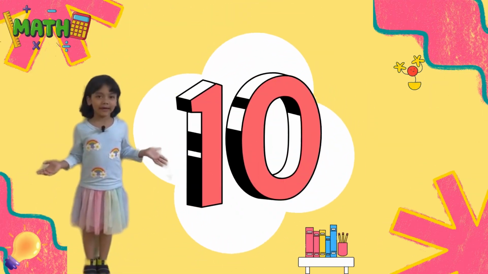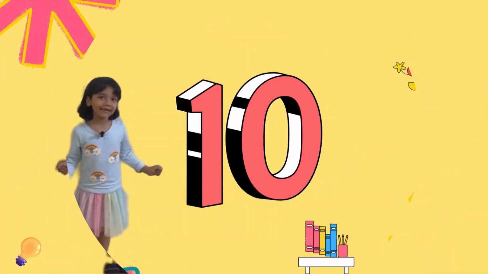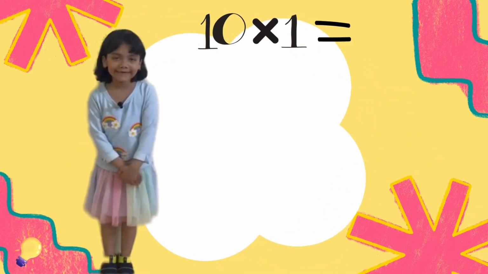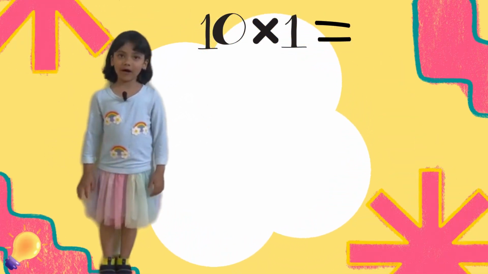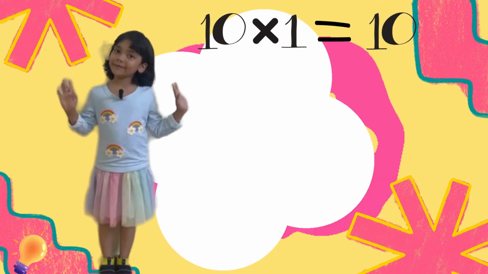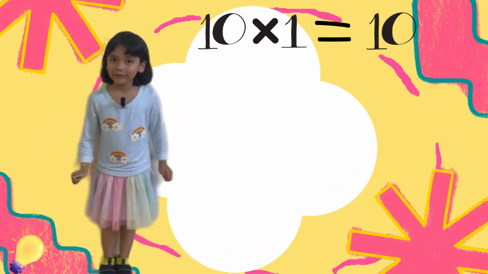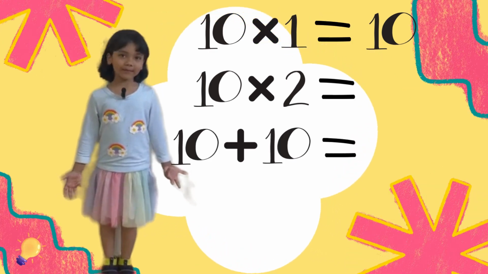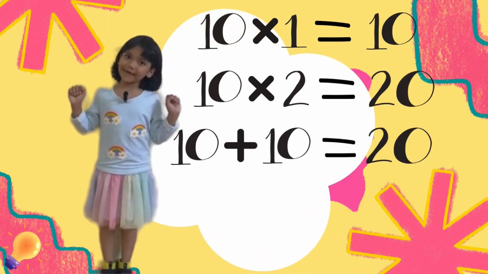Now let me explain you the table of 10. Okay, so 10 ones are means 10 is one time, so answer is 10. 10 twos are means 10 is 2 times, so the answer is 20.